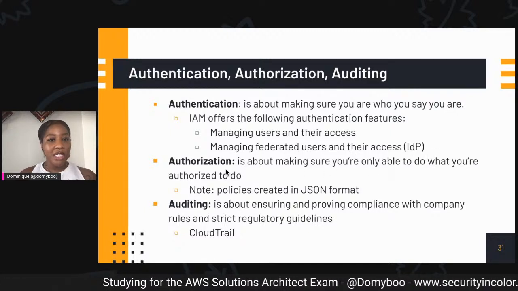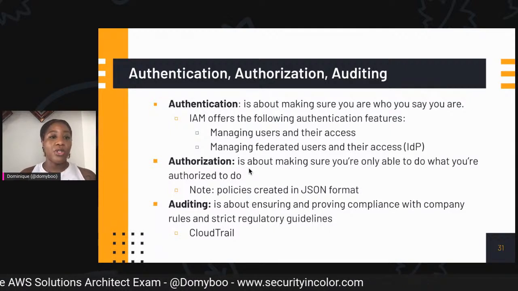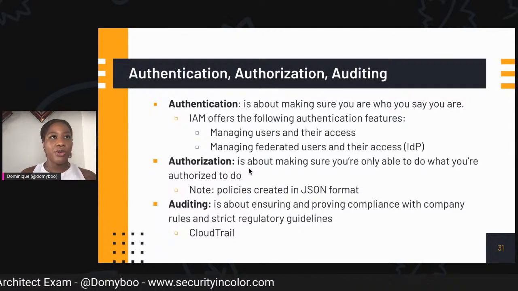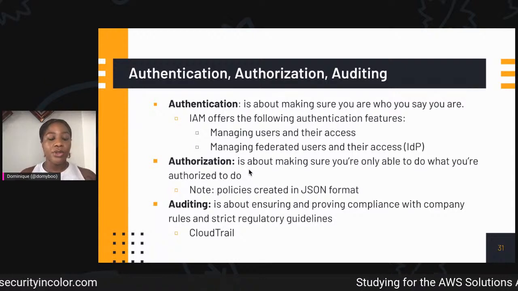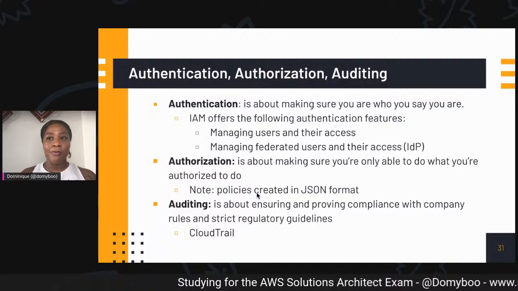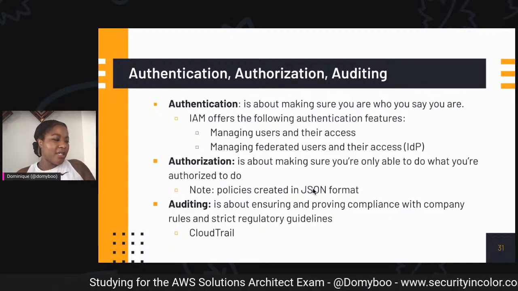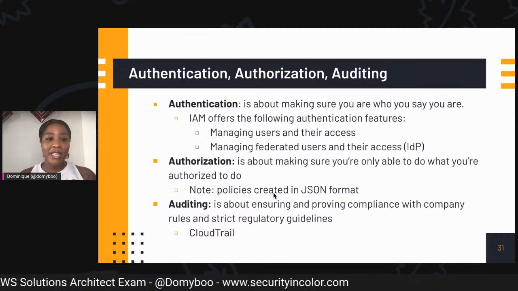We also have authorization, which is the other A, and that's just about making sure that you're doing what you're supposed to do, or you're authorized to access or take part in whatever it is that you're supposed to do. A keynote here is that policies when it comes to IAM are written in JSON format. I was going to say this music is a little loud. Written in JSON format.